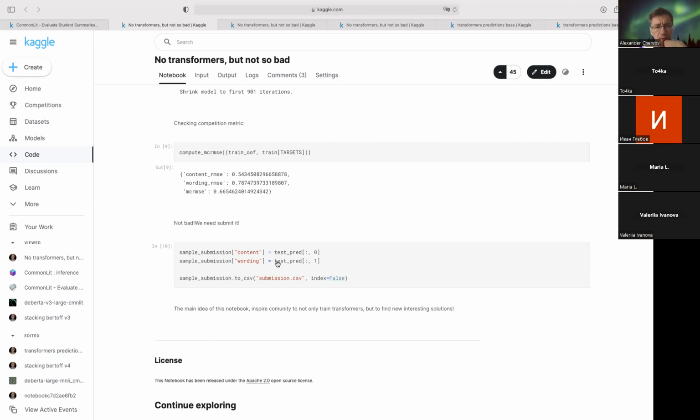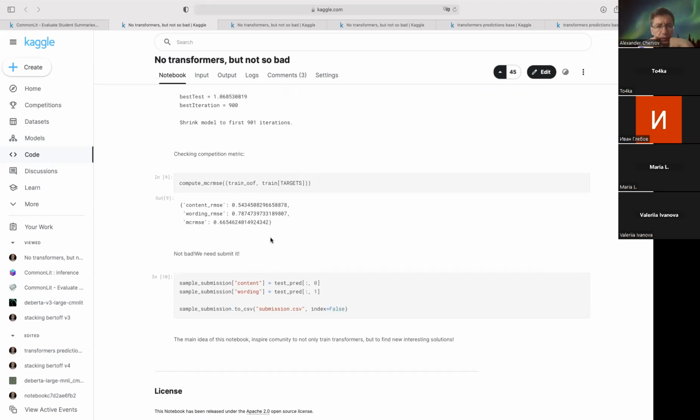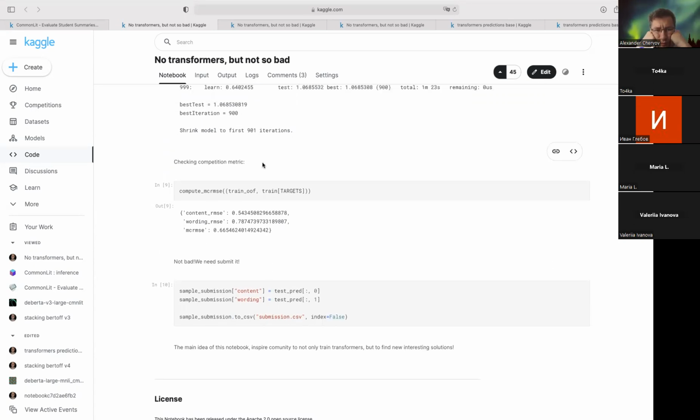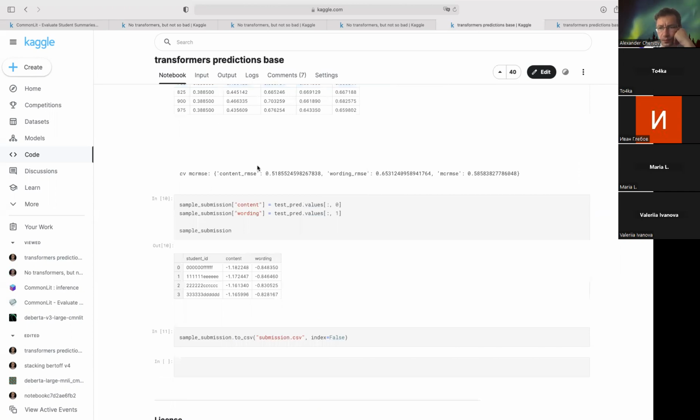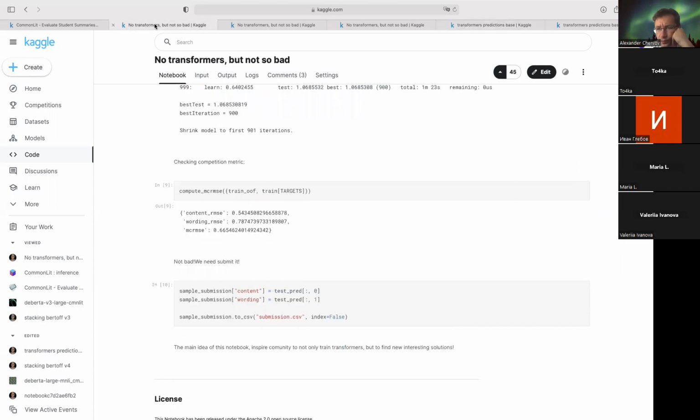It's an interesting thing, and I think this approach can help you when combined with typical transformer models in blending or in stacking.